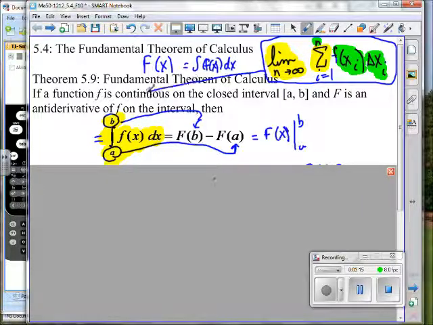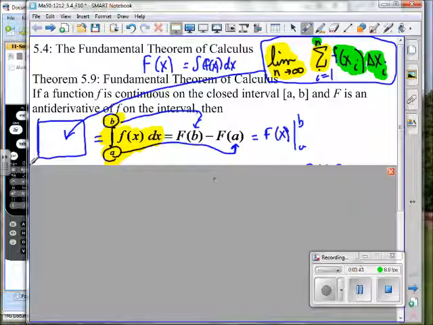In other words, if you don't want to do this work, you've got to do this work. This is the limit definition of this definite integral. This is how we find the area under the curve. This is also how we find the area under the curve. So this whole thing here needs to go right there.